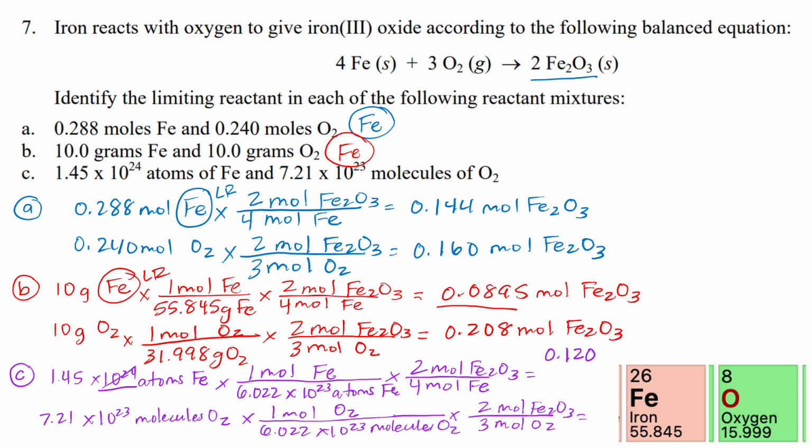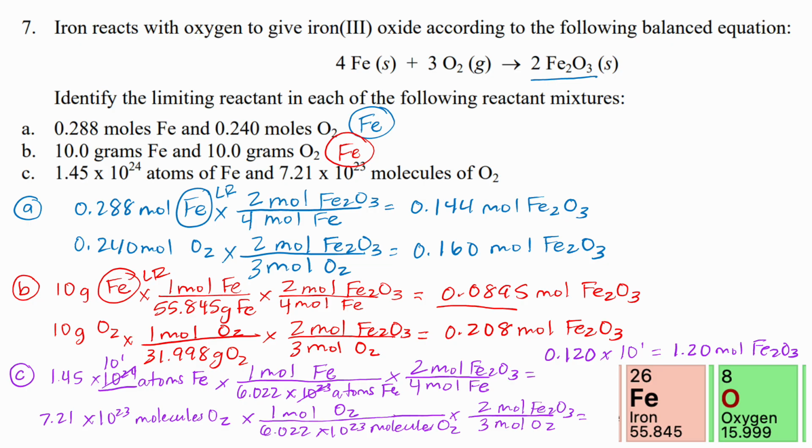So when I cancel those out, I'm left with 10 to the 1st in the numerator. So I'm just going to multiply this number by 10 to the 1st, which would also be multiplying it by 10. So my final answer is 1.20 moles of Fe2O3.